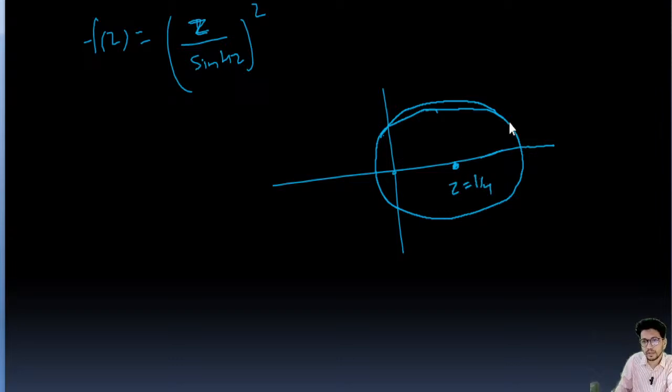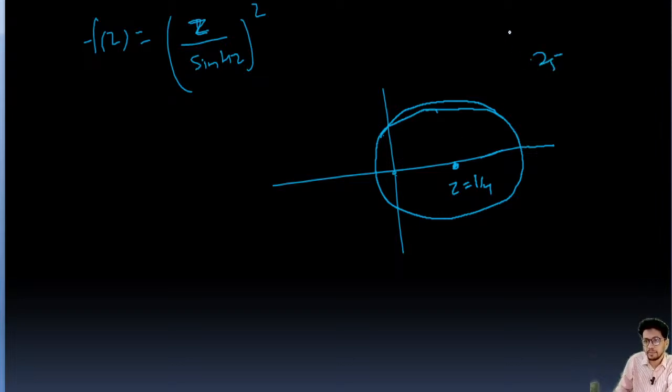And so this is 1 by 4 distance. The circle is given of radius pi by 4. Radius is pi by 4. So pi by 4 means 1 by 4 means 0.25.